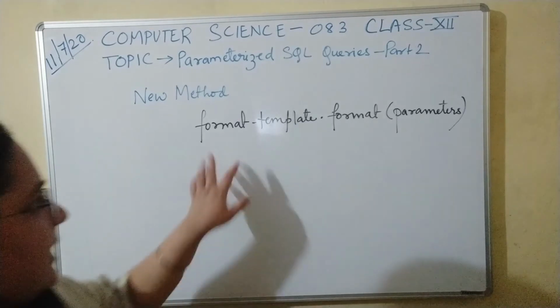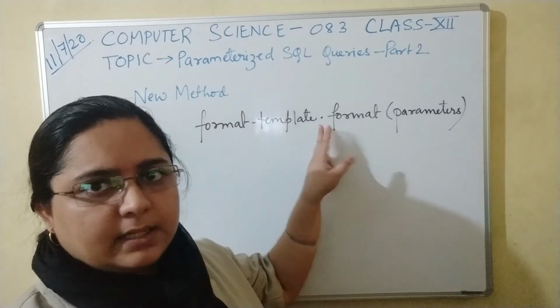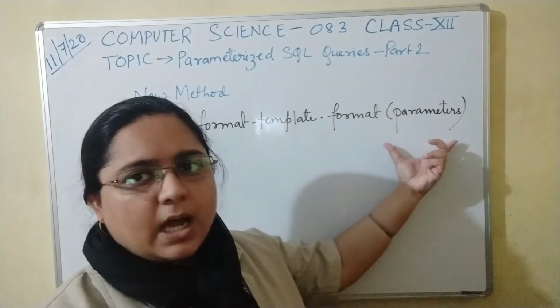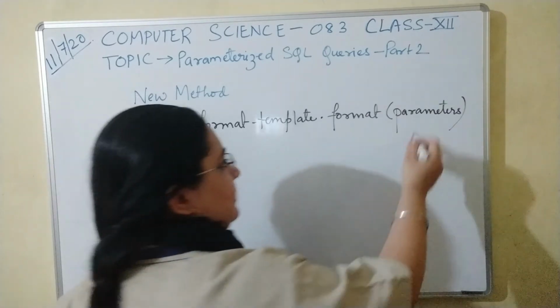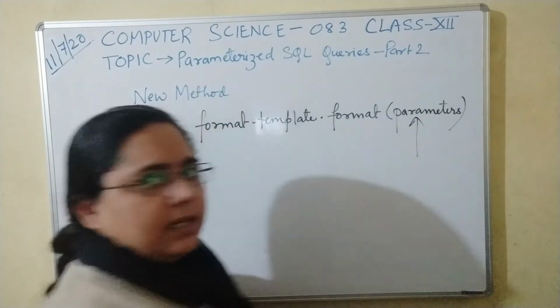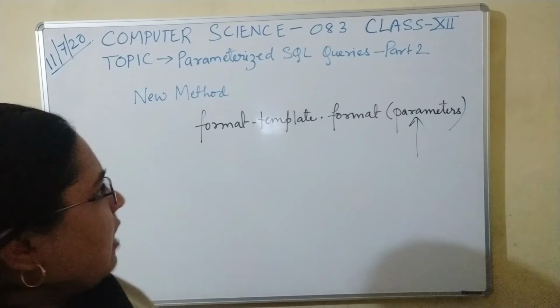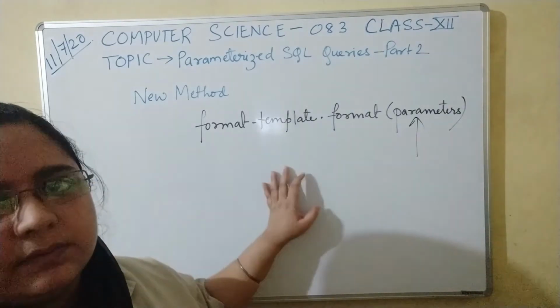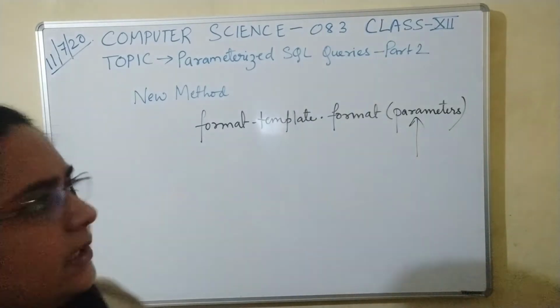Format template is there, followed by a period sign and the format method, along with which we are providing some arguments, that is the data values. Okay, so how does this method work? We are going to see it over here.